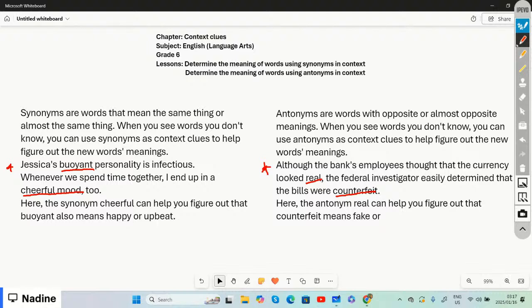So, although the bank's employees thought that the currency looked real, the federal investigator easily determined that the bills were counterfeit.